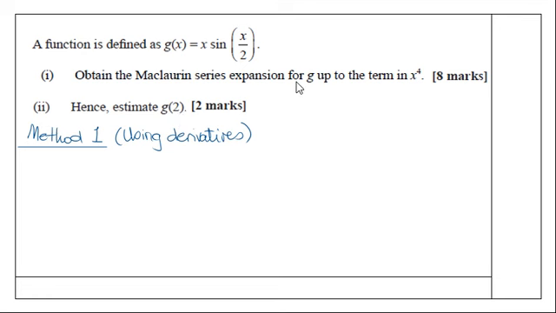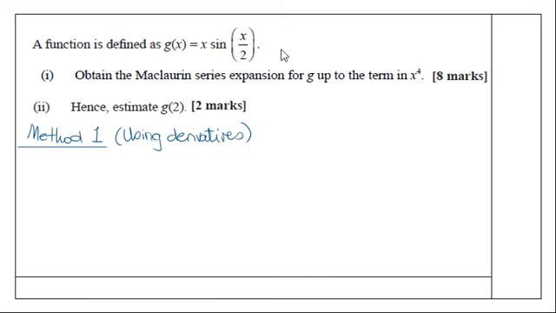I'm going to actually show you two methods for finding this expansion. The first method will use the formula that we saw in the previous video, which involves using derivatives. So this method requires us to be able to know how to differentiate and differentiate well. It can be tedious depending on the question.